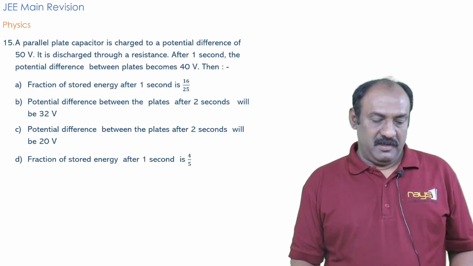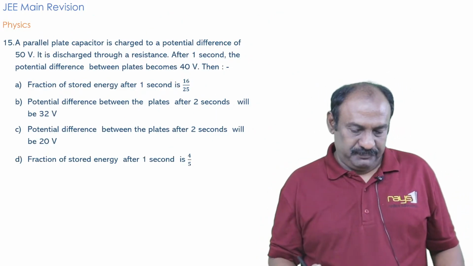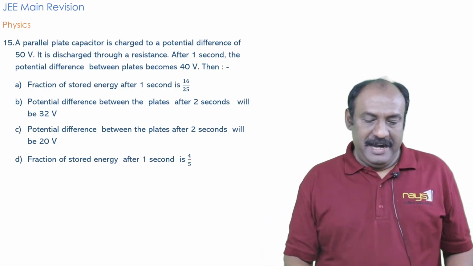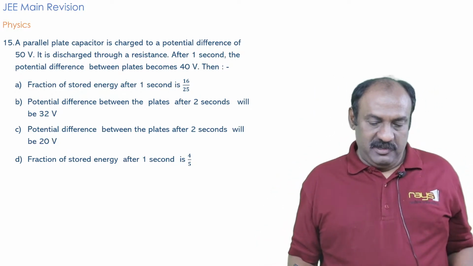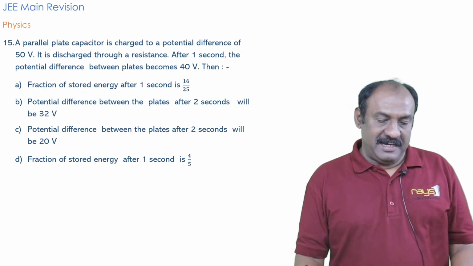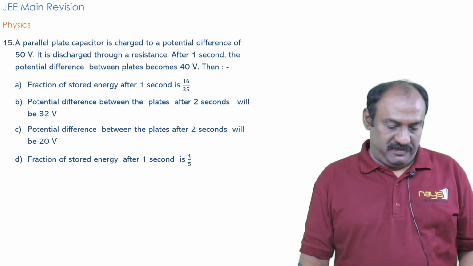Right. Question number 15. A parallel plate capacitor is charged to a potential of 50 volt. It is discharged through a resistance. After 1 second, the potential difference between plates becomes 40 volt.